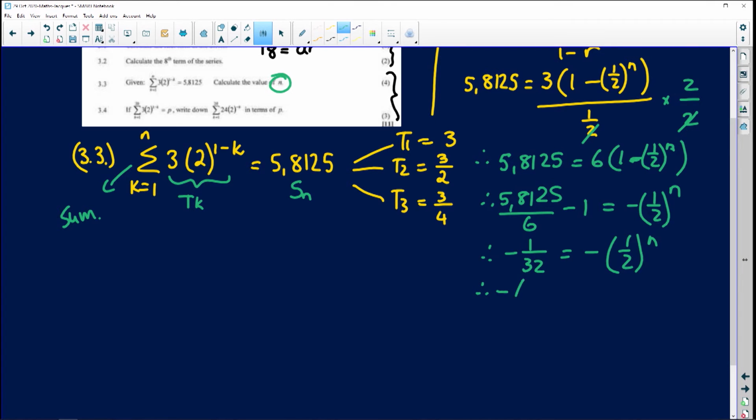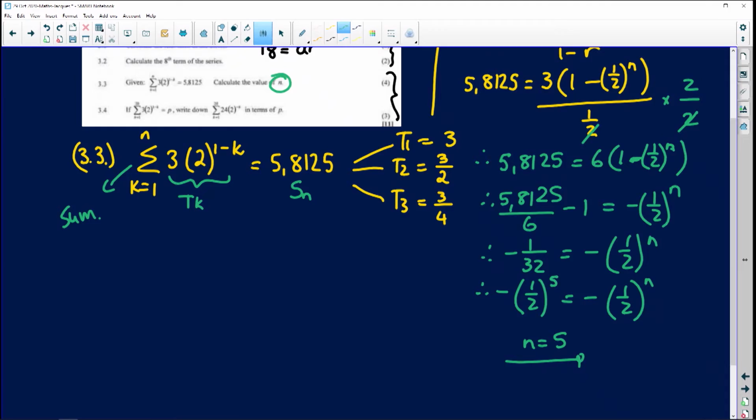I can write it as minus a half to the power of, what is it, 5. 2 to the 5 is 32, so n is indeed 5. My minus is cancelled, I can drop my bases. There's 5 terms in the sequence. That was a little bit of work applying the sum formula to answer this, because sigma means sum of.